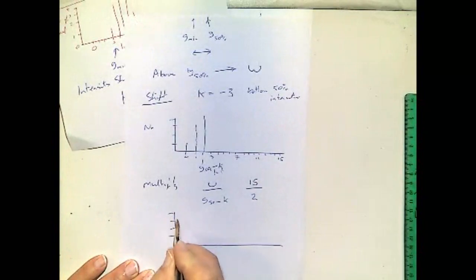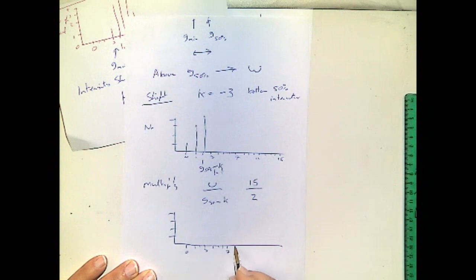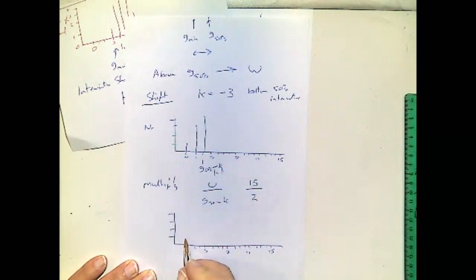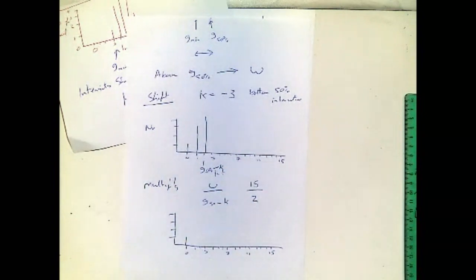0, 1, 2, 3, 4, 5, 6, 7, 8, 9, 10, 11, 12, 13, 14, 15. The 1 at 0 remains a 1 at 0. The 1 at 1, multiplying by 15 over 2, goes to 7.5. It ought to be 7 or 8. It doesn't matter, it's just a slight change in the shade of grey. Let's take it to 8.